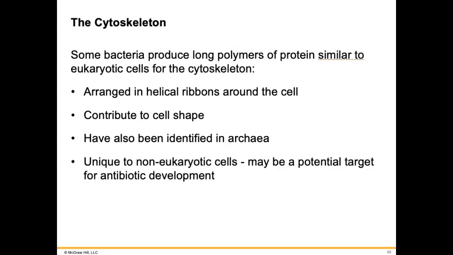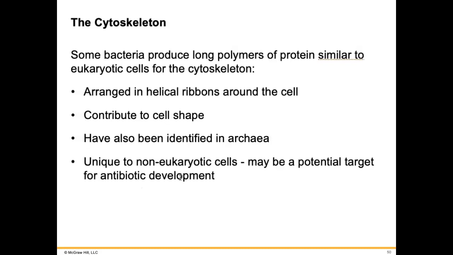All right, so the cytoskeleton. Some bacteria produce long polymers of protein similar to eukaryotic cells for the cytoskeleton. These are arranged in helical ribbons around the cell, and they help to contribute to the cell shape. They have also found that archaea have cytoskeletons, and the cytoskeletons are unique to non-eukaryotic cells, and maybe a potential target for antibiotic development.